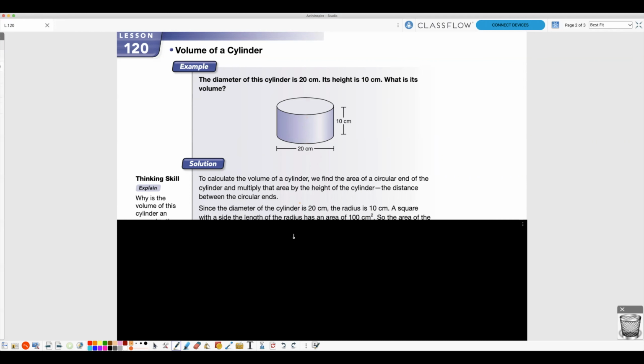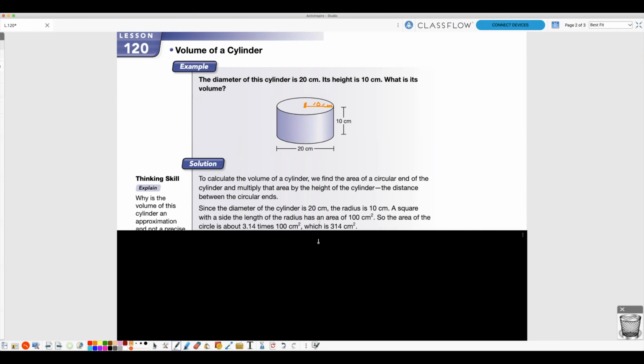so from one point to the other. Since the diameter of the cylinder is 20 centimeters, the radius is 10 centimeters. The radius is just half. So the area of the circle is about 3.14 times 100 square centimeters, which is 314 square centimeters.